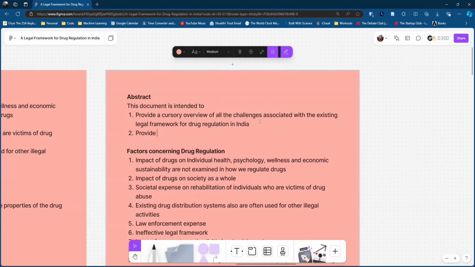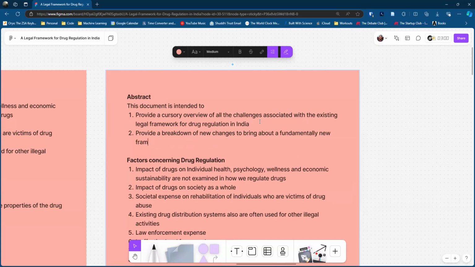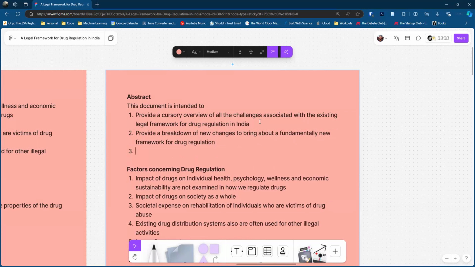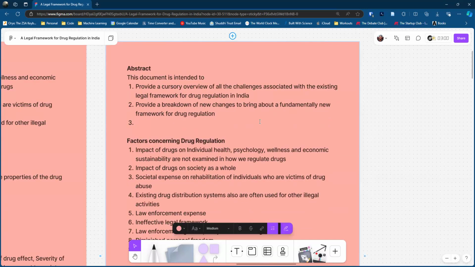Provide a breakdown of new changes to bring about a fundamentally new framework for drug regulation. Details on how to further expand the work presented here.